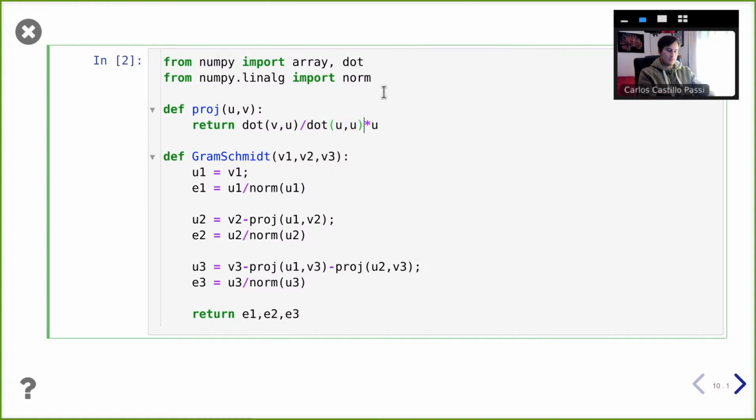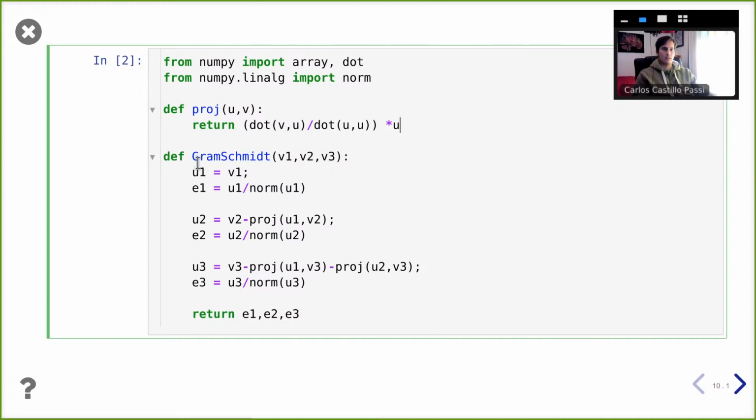Just to clarify, this term here is just a number. The dot product between two vectors gives you a number, and the division between two dot products gives you another number. But this part here is a vector. So you are basically scaling this vector u by this coefficient.